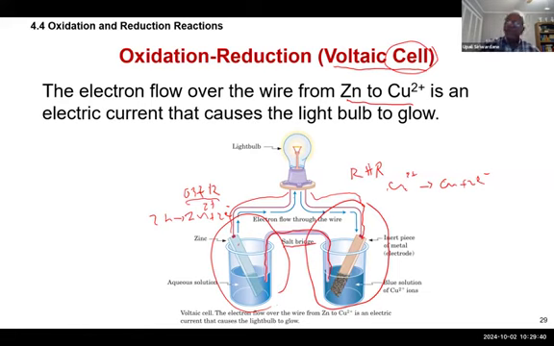This is the first battery they ever made. Later batteries, these are liquid, containing things like copper sulfate and zinc sulfate.